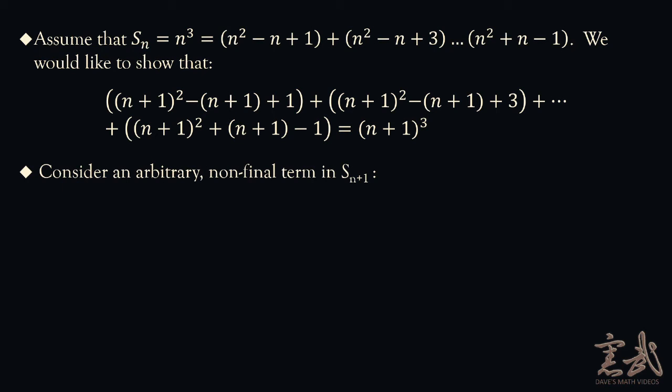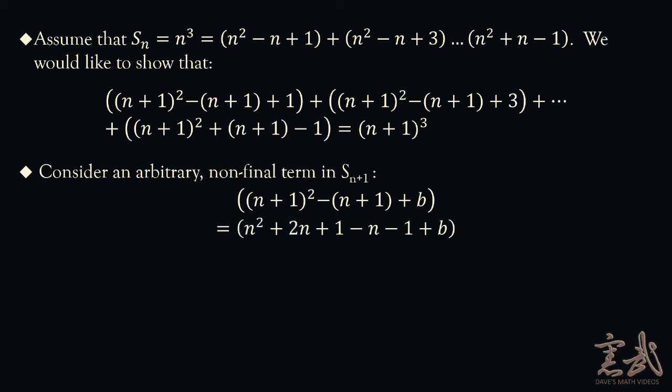In order to do this, we are going to consider some arbitrary non-final term in the sum s sub n plus 1, which can be written in the form n plus 1 quantity squared minus n plus 1 plus b. Expanding the term n plus 1 squared, we get n squared plus 2n plus 1 minus n minus 1 plus b.